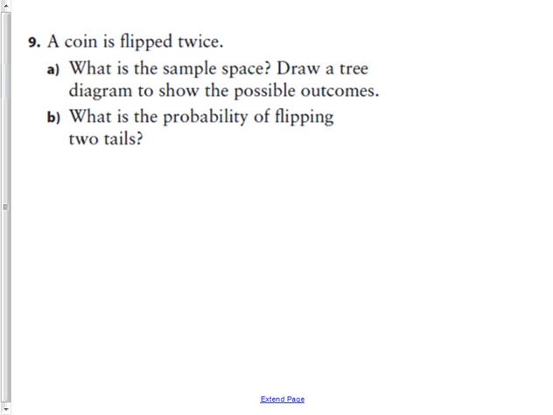Okay, a coin is flipped twice. What is the sample space? Draw a tree diagram. So this time it is explicit. It does say use a tree diagram. So for this one, we are going to draw a tree diagram. Our first event is going to be H and T, and this means I either flip a heads or a tails on the first one.